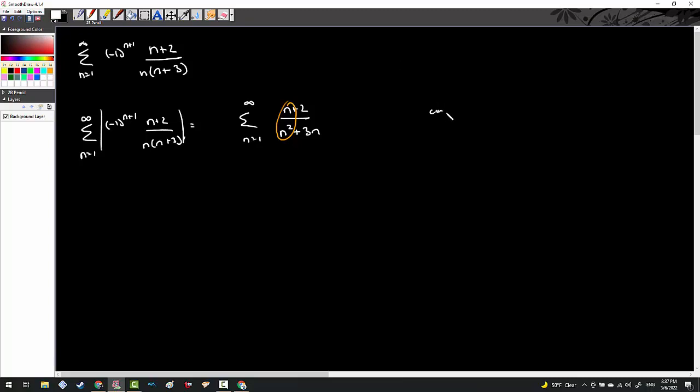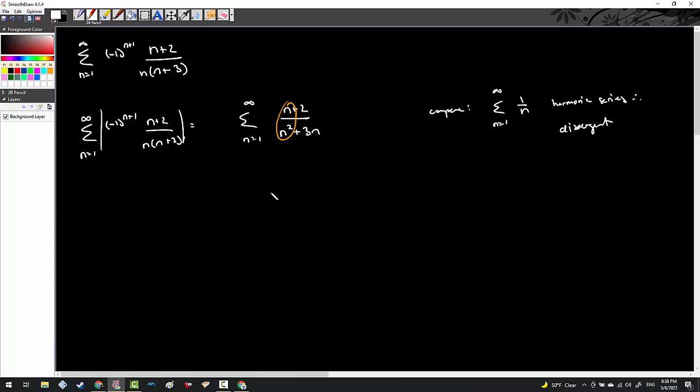So I'm going to compare this to the summation from n equals 1 to infinity of the harmonic series. The reason I compare it to the harmonic series is because at the end behavior, all I have is n over n squared, which is going to be 1 over n. So I'm going to compare it to 1 over n, a harmonic series, therefore divergent.